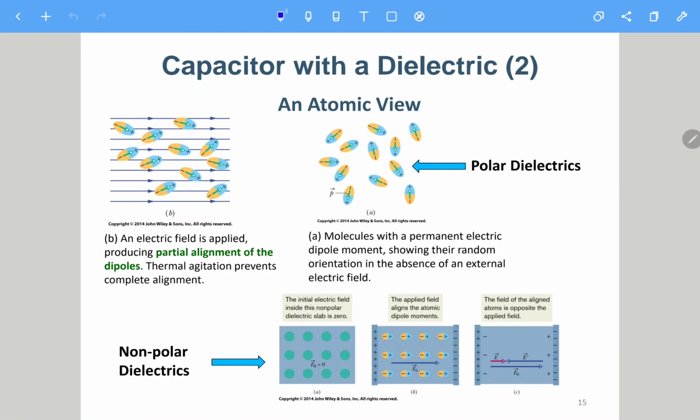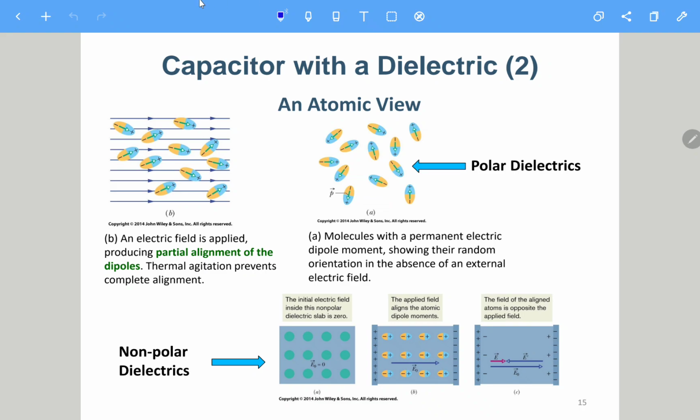Okay, so here, this slide tries to show you some hardcore physics. So you can just try to understand, but yeah, if you don't really understand, then it's still okay. So just try to feel like listening to a story. So here it's just an atomic view of the dielectric.